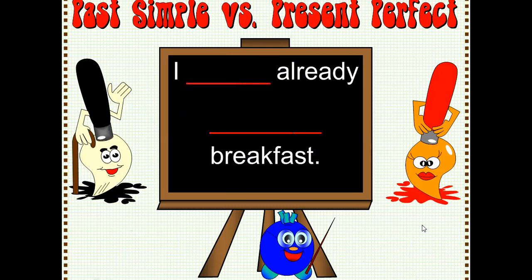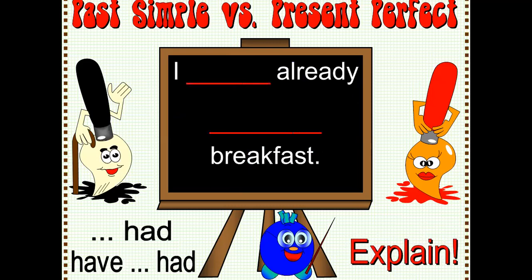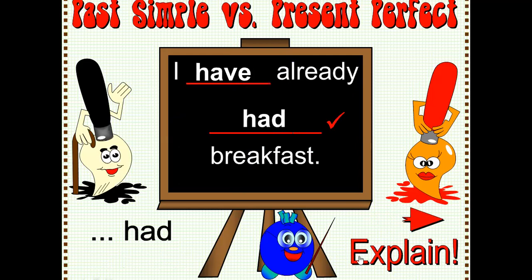Okay. I already breakfast. Explain. I already had or have had breakfast. I'm going to choose have had breakfast. Let's be explained by Mrs. Perfect, Miss President. Explain. Anytime up to now, I have already had breakfast.